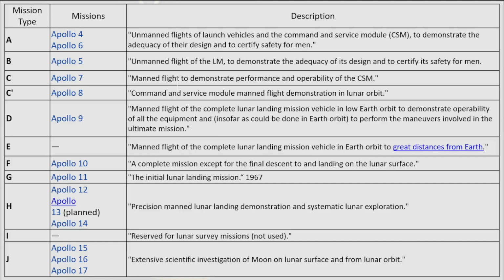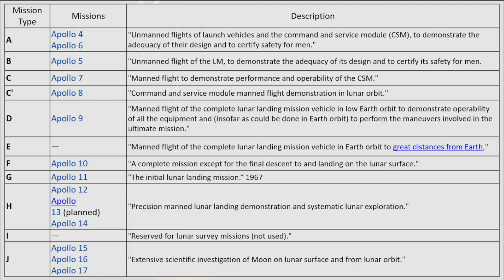Then Apollo 10 was actually a complete mission except for the final descent to and landing on the lunar surface. So a human was involved, but they didn't land on the surface of the moon.